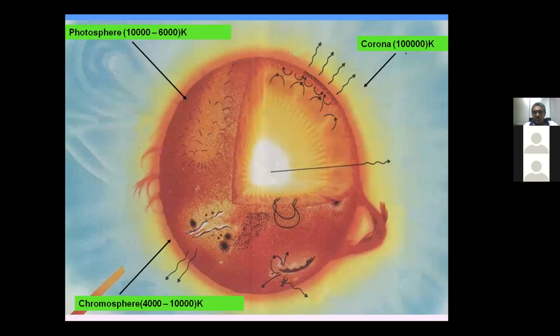The temperature range is 100,000 K. From known physics, if an object is very hot, when you go away from the hot object, the radiation spreads out radially and drops exponentially, the radiation level or the heat. So this is very unusual. We go away from the sun, and the corona temperature is more than the surface temperature.